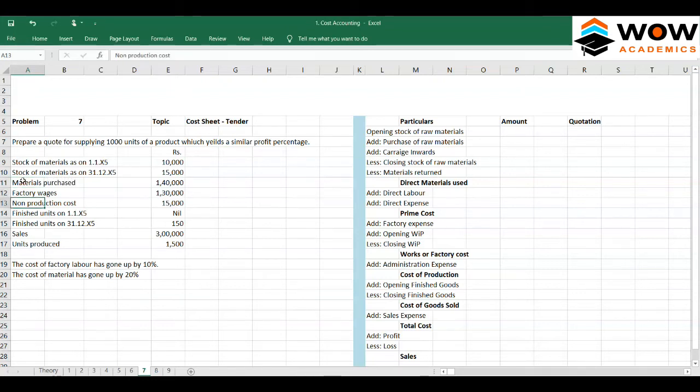Factory wages is there, non-production cost is there, which is admin expenses, and finished units opening stock, closing stock, sales, and units produced are there. This information is for the quotation, so we'll do that later. So we'll start.